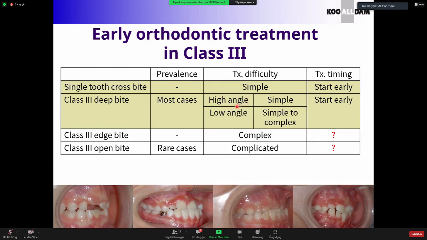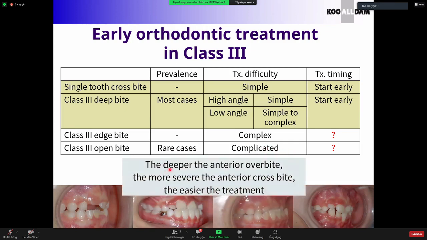In high angle case, it is simple, easier. In low angle case, it's simple to complex, and start earlier. On the other hand, class 3 open bite case is rare, and also somewhat complicated. So the deeper the anterior overbite, the more severe the anterior crossbite, and the easier the treatment.